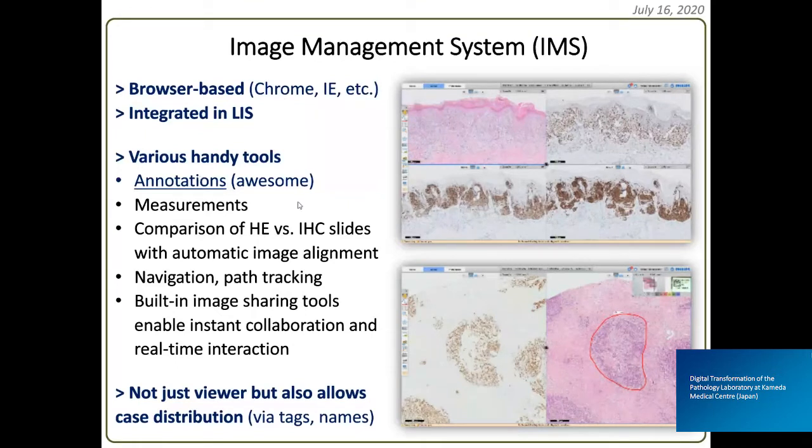And there are a lot of various handy tools. The most awesome of them, which I use every single day a lot, are annotations. We also can do measurements. We also can compare, like shown here, H&E versus immunostaining slides with automatic image alignment, navigation and path tracking, and built-in image sharing tools. And on top, it's not just a viewer, but it also allows case distribution.